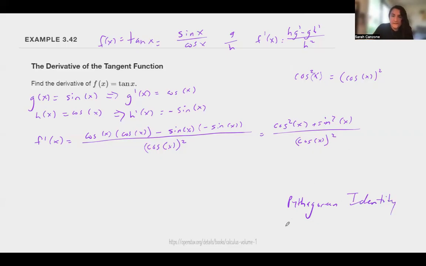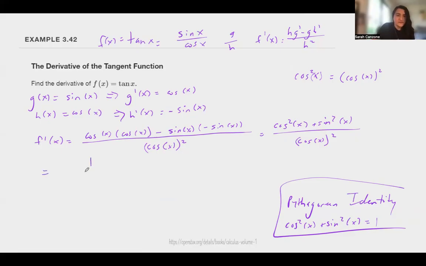And the Pythagorean identity says cosine squared of x plus sine squared of x equals 1. This is very important, and it's definitely going to come back throughout the course and any other math courses you take. So if we know that we have cosine squared plus sine squared, that's just 1. So this is actually just 1 over cosine of x squared.